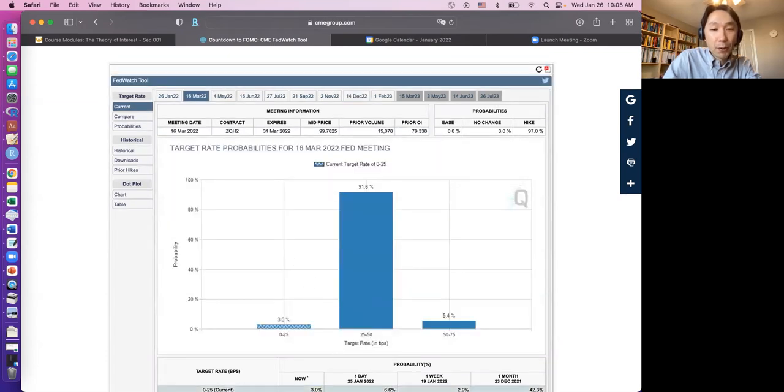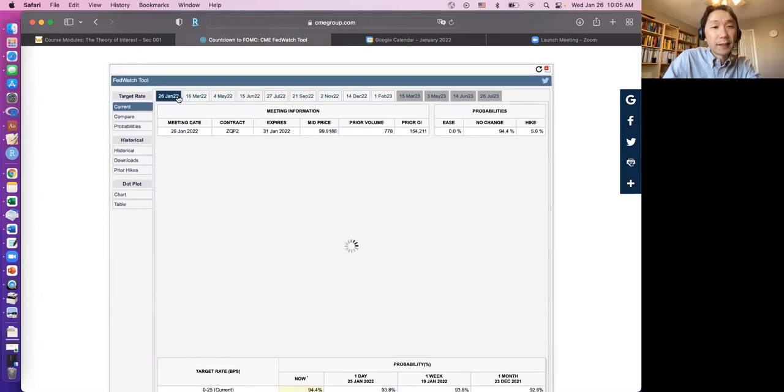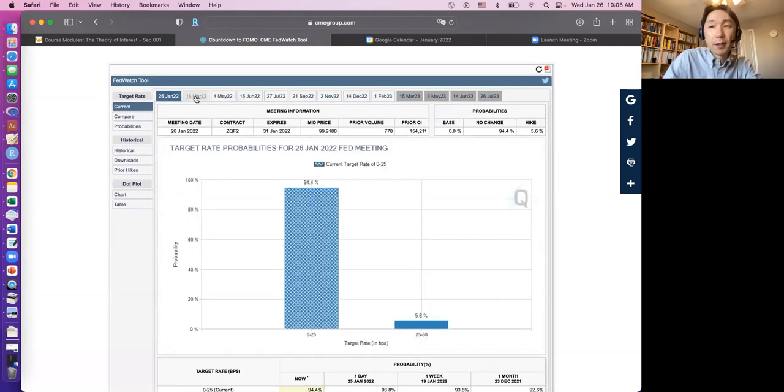There is a probability of 91.6% that we have a 0.25% interest rate increase, maybe 5.4% that we have a 0.5% increase, and so on. And these dates, January 26th, that is today actually, March 16th and May 4th, are the dates for the FOMC.